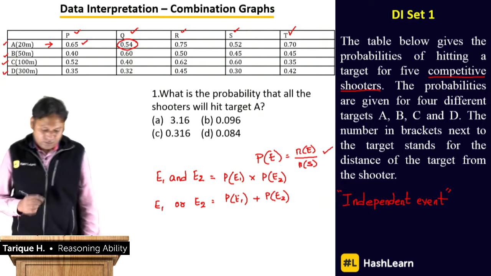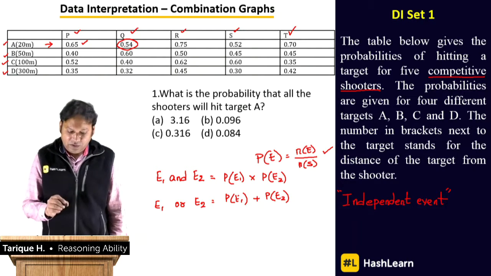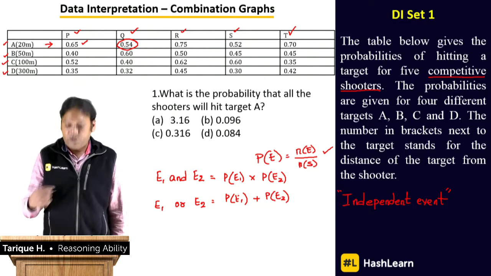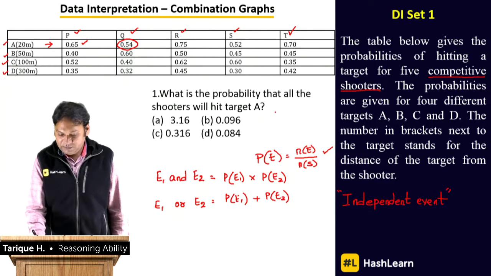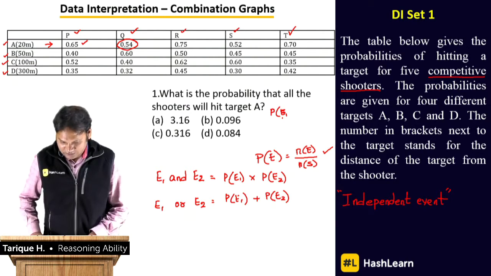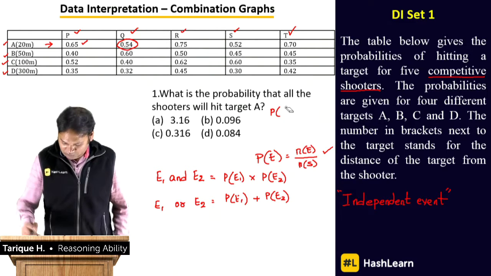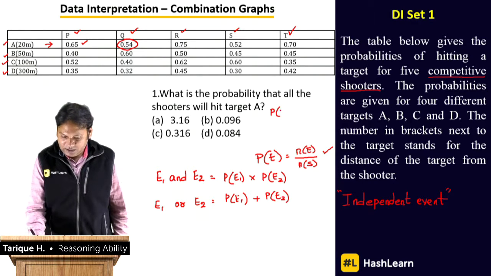Okay. Now, one more thing that you should know in order to handle a question like this is the non-happening of an event. What is the probability that event E1 will not happen, E1 dash?